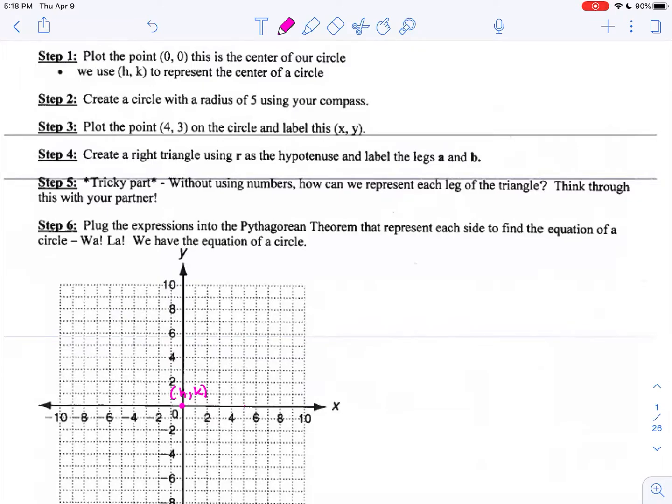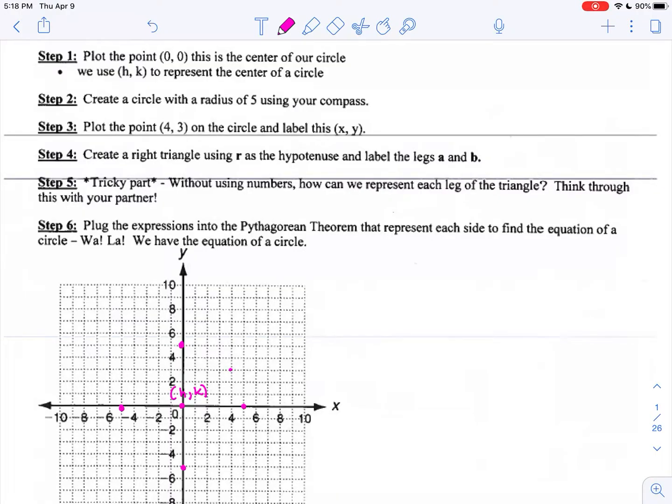However, assuming you don't have a compass at home, or you might not have one available to you, for your homework assignments what I'm going to ask that you do is have at least 4 points besides the center. That's to the left, right, up, down from the center. So I plot the center, go right 5, left 5, down 5, and up 5.